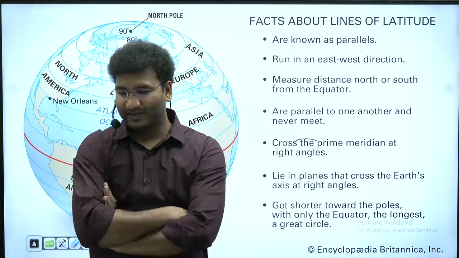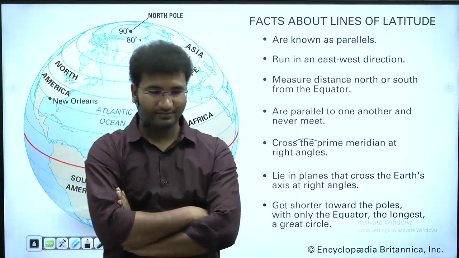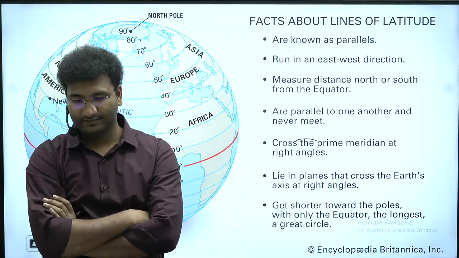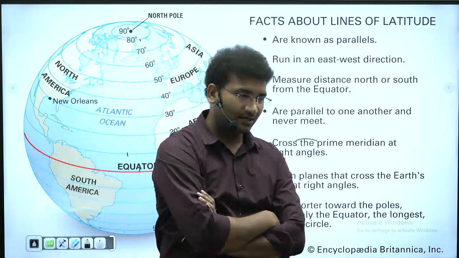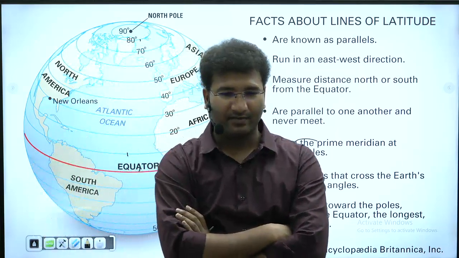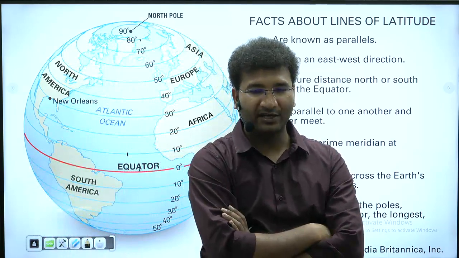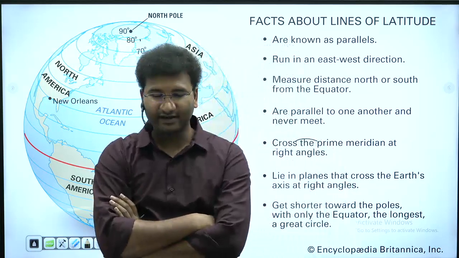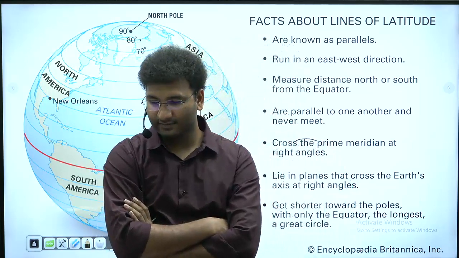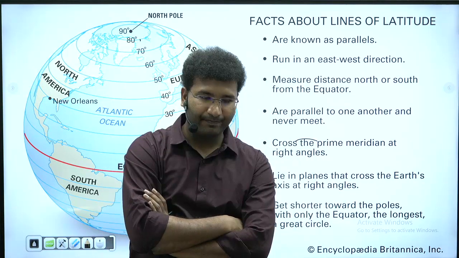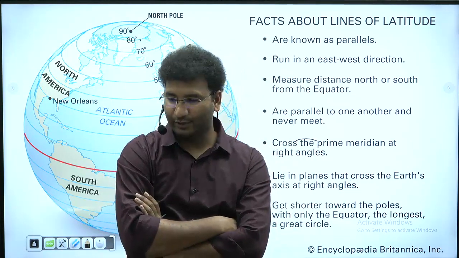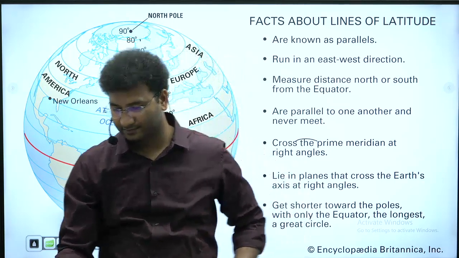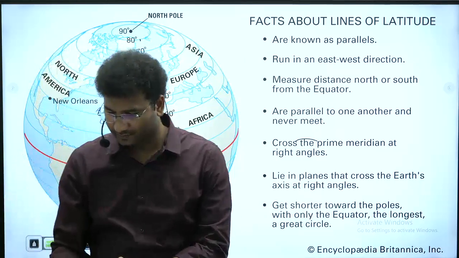Next, latitude. A latitude is an imaginary line, और ब्रैकेट में लिखो imaginary circle, running parallel to the equator.